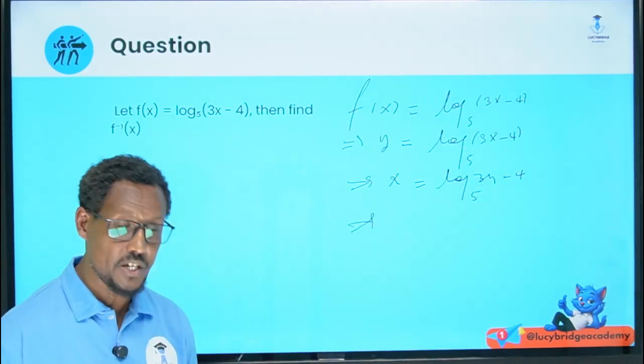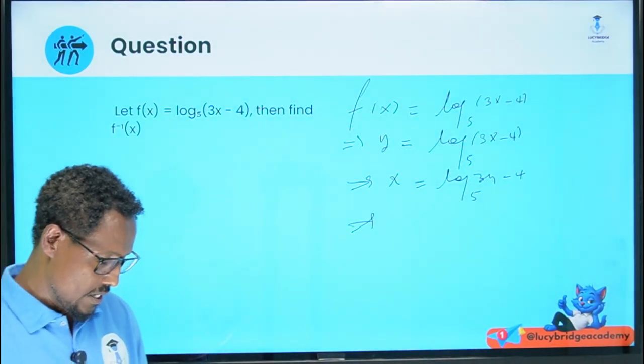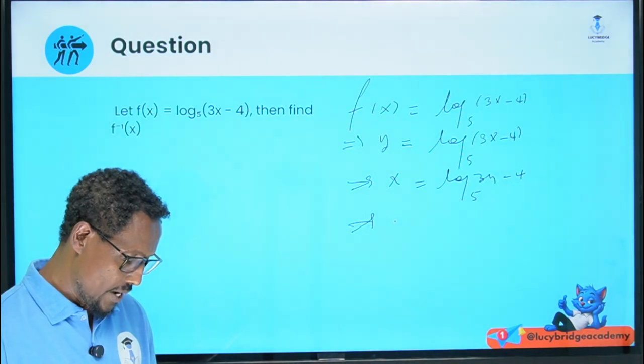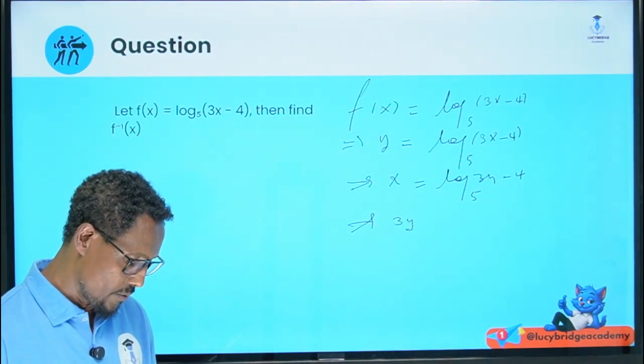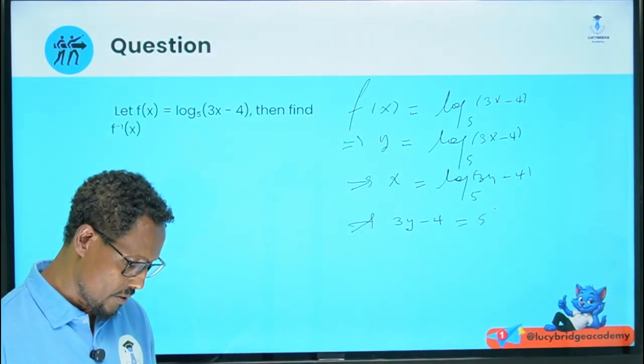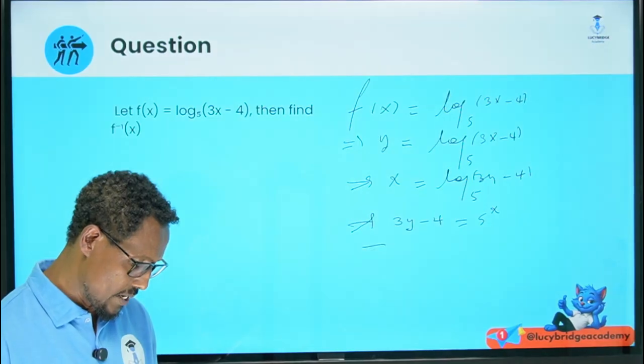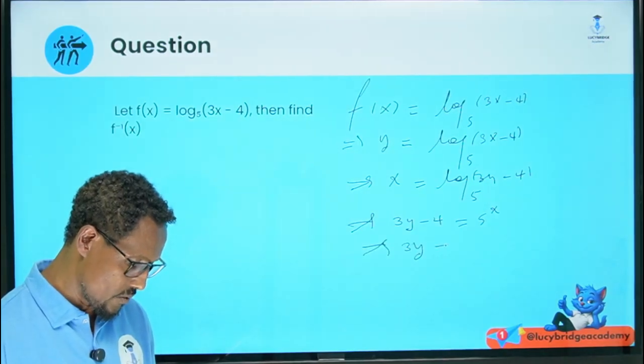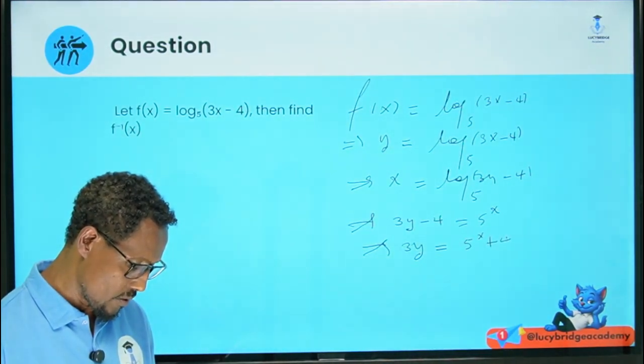Now converting into exponential function, 3y minus 4 is equal to 5 to the power of x, which implies that 3y is equal to 5 to the power of x plus 4.